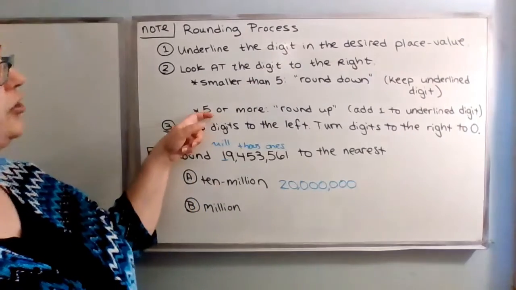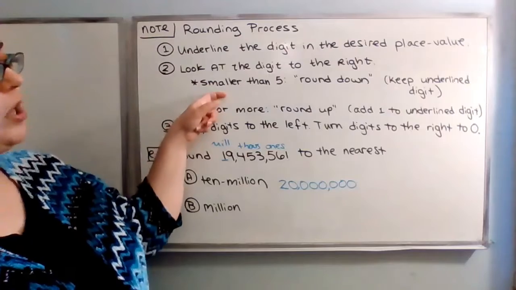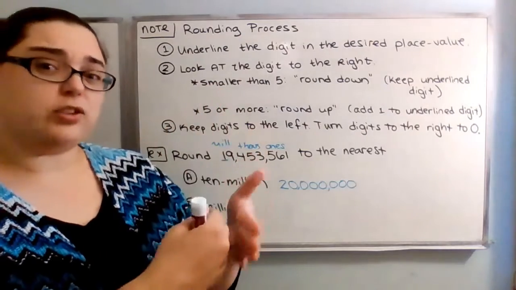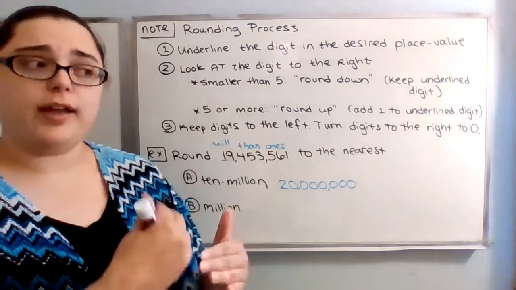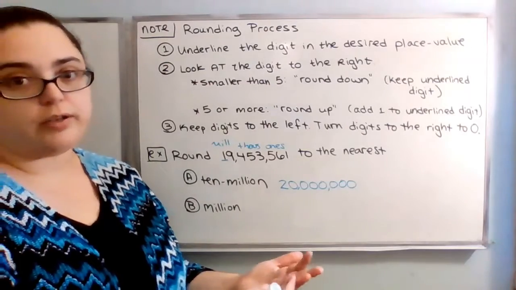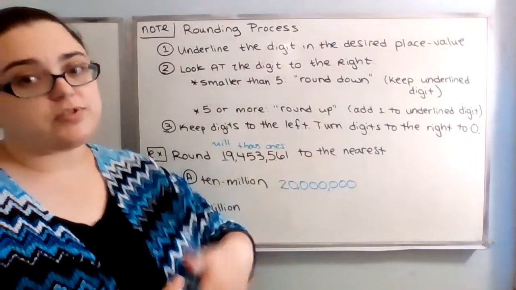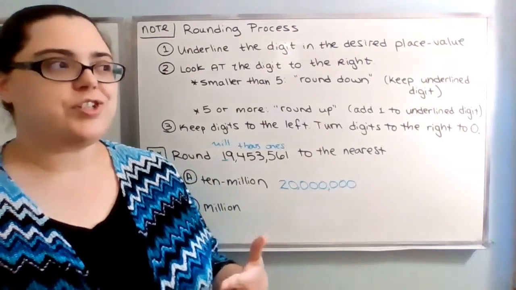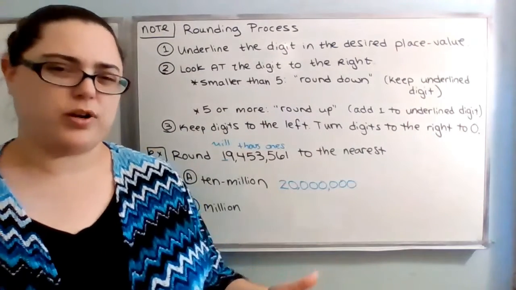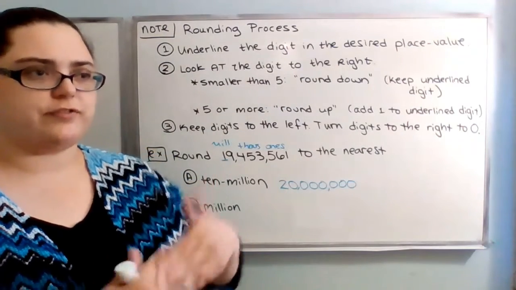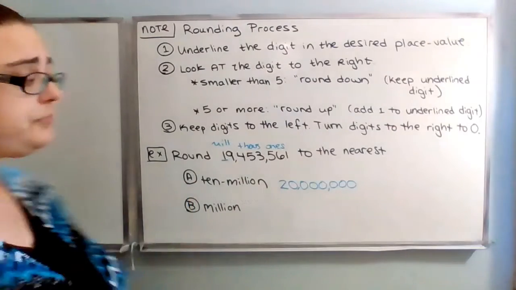So that's why here you have 5 or more, or smaller than 5. 5 is kind of where we look to determine whether we round up or down, because that's our halfway point. So this process comes from looking at what's closer. It just prescribes steps for us, so it's kind of easier for us to follow a procedure each time.